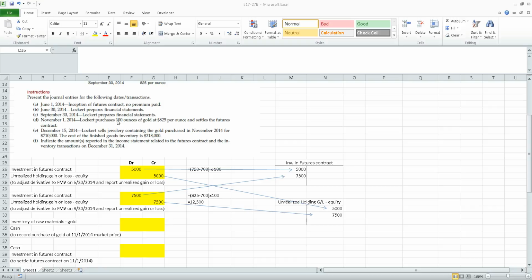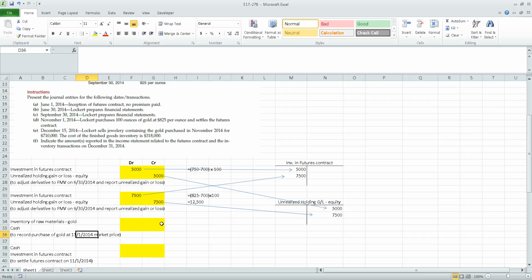Okay, so now we're rolling forward to November 1st, 2014. What happens on that date is we go out into the marketplace and purchase 100 ounces of gold at the then prevailing market rate of $825 per ounce, and at the same time we settle the futures contract. So we're going to prepare two different journal entries to reflect these two aspects of the events that take place on November 1st, 2014. The first, the acquisition of the gold.